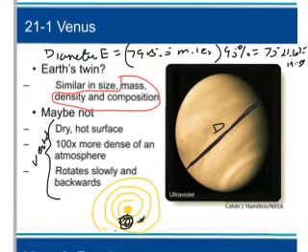The atmosphere of Venus is 100 times more dense than Earth's atmosphere, which means the surface is completely hidden all the time by very thick clouds that completely envelop the planet. The planet is pretty much wrapped in a very dense cloud cover.